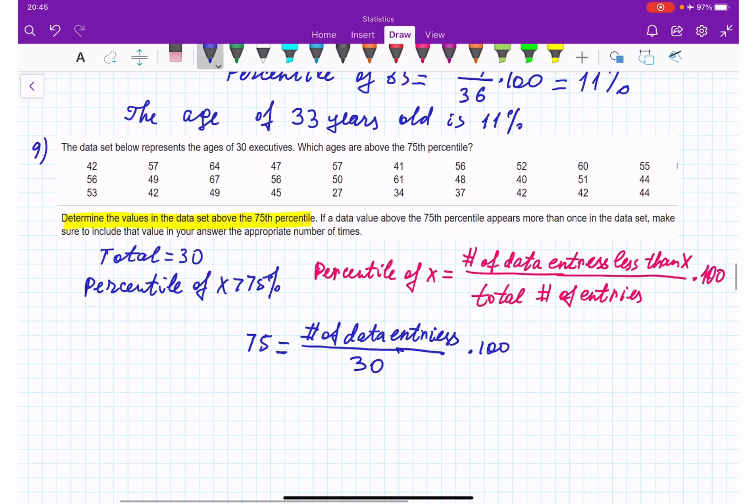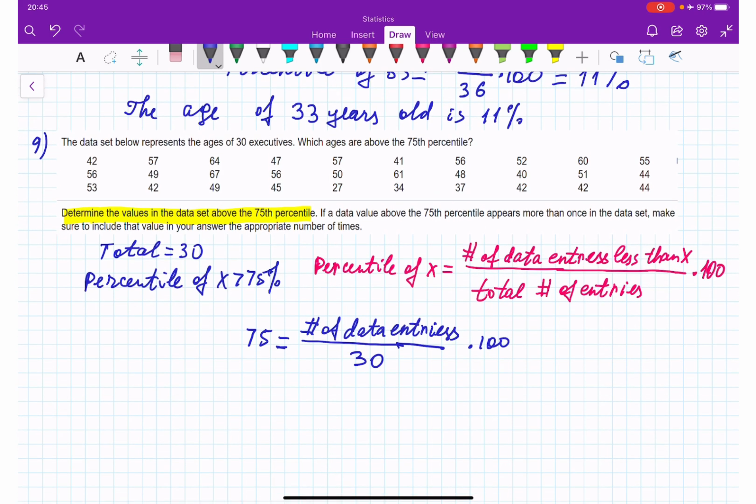So what do we get? Since this is an equation, bring it to a common denominator. The common denominator is 30, which means here I divide by 30 and multiply by 30, right?